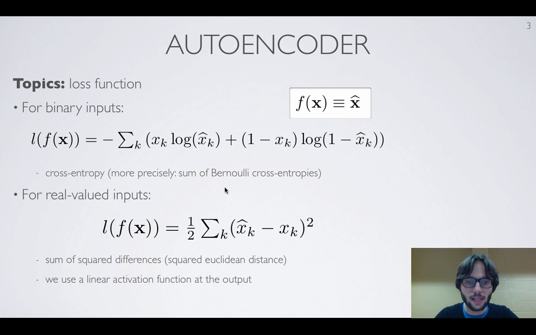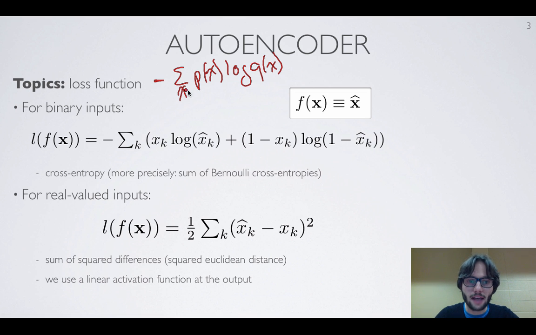We call it the cross entropy because, if you don't know what cross entropy is, if I have a probability distribution P of x and another one Q of x, then the cross entropy between the two distributions would be minus the sum over all possible values of the random variable x of the probability P of a particular value of x times the log of the probability Q of x for the other distribution.